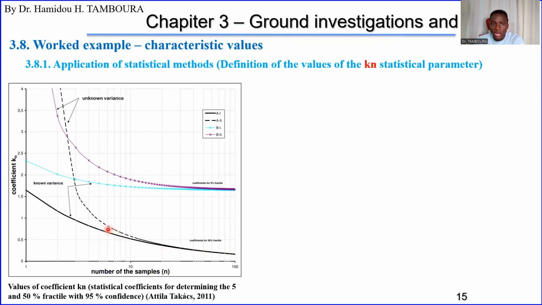Okay, and mainly this one, the unknown one, unknown variance. Okay, you don't know the variance of the mean value. So our number of sample is 11, right?